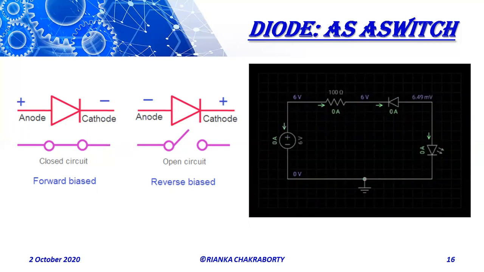That means the switch is off. In this figure, we can see that when the diode is in forward bias, the light is on, and when the diode is in reverse bias, the light is off. So we can say that the diode acts as a switch.